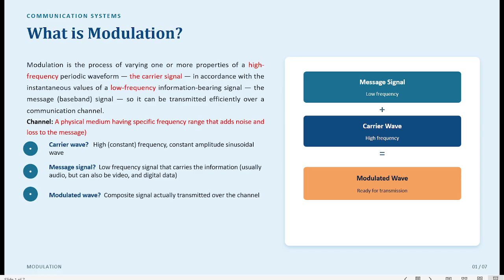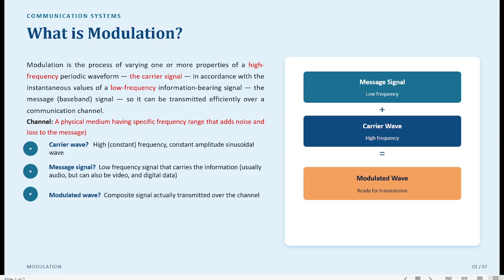Modulation is basically the process of varying one or more properties of a high frequency periodic wave, which is known as the carrier wave, and this variation is produced in terms of the instantaneous values of a low frequency information bearing signal, which is the message signal, also known as the baseband signal.